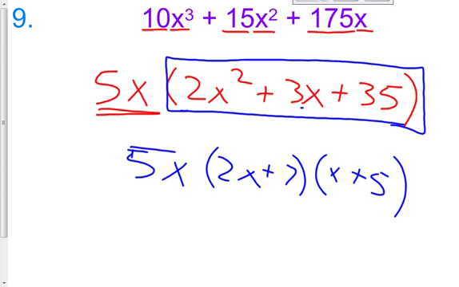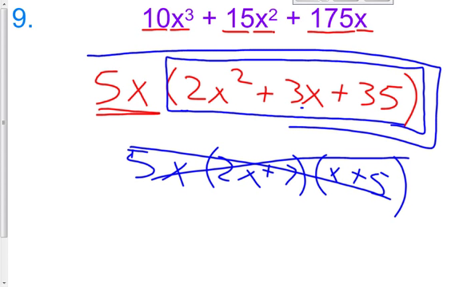So there is no possible way that you can factor this trinomial. The only factoring that you can do in this case is to take out the GCF. So your answer is 5x times the quantity 2x squared plus 3x plus 35. That is as far as you can go there.